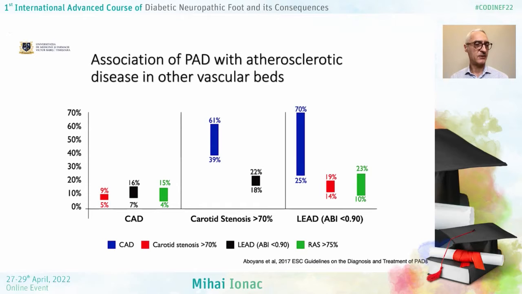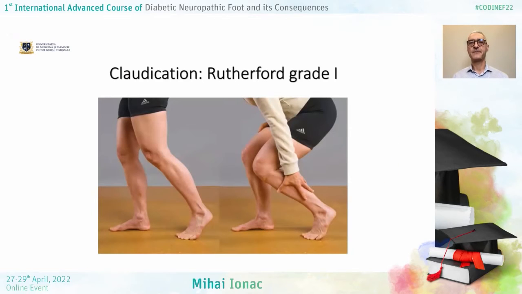So looking at the patient with diabetes and peripheral arterial disease, we have to look at the coronaries, because if we take a look at this excellent image that is in the guidelines of the European Society for Vascular Surgery published in 2018, almost 70% of our patients may have coronary disease. So we have to take a look also at other parts of the patient. They are very high risk patients.